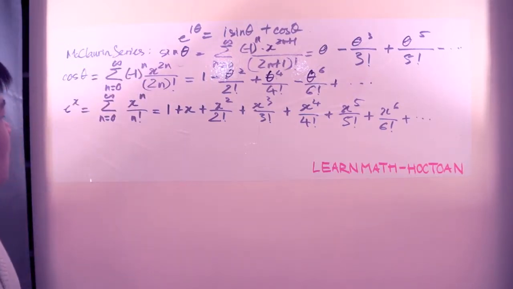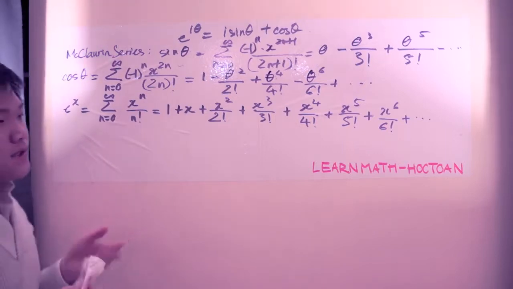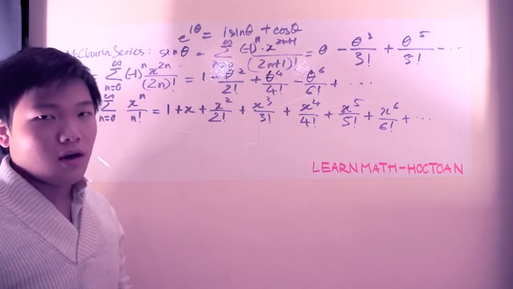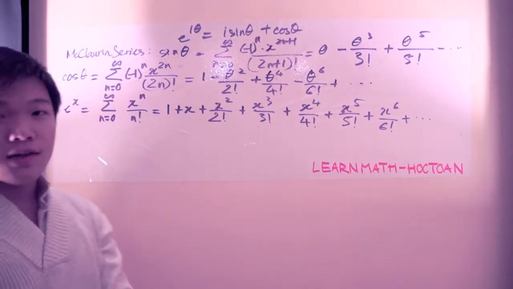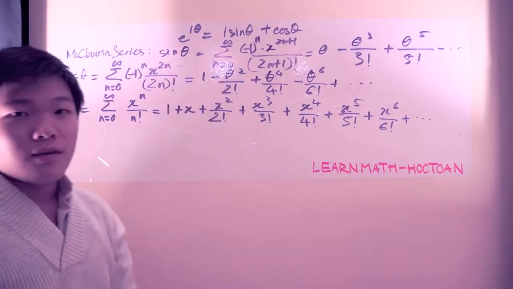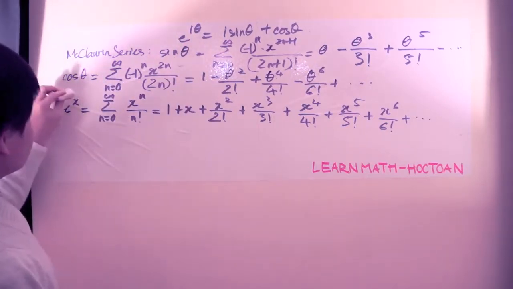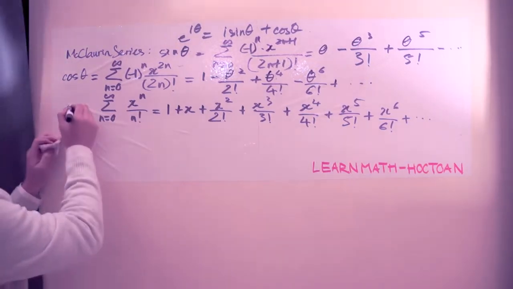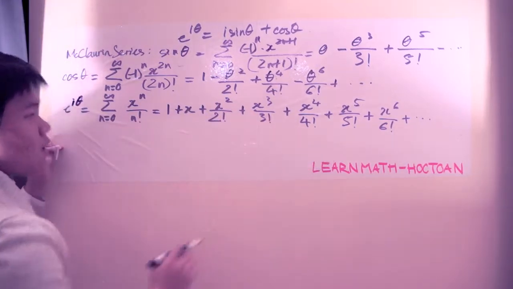Because of the function e to the x, as we said, x can be anything. x can be just a variable, so we can apply x equal to I theta, imaginary theta. Let's put it in and see what happens. Here we have e to the x, and we put in I theta and apply it to the whole series.